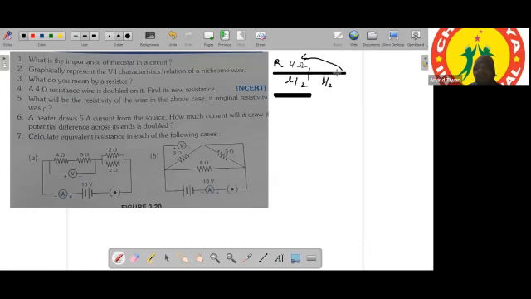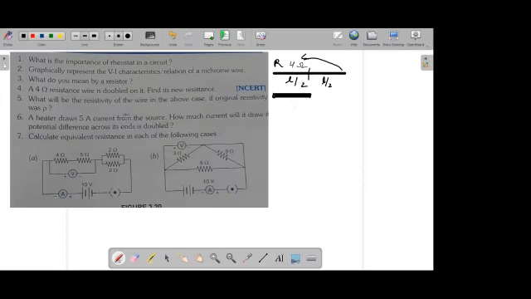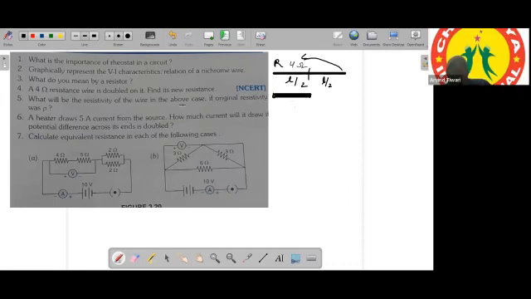Half of the portion is folded above it. So now the total length of the wire is L by 2, and its area of cross section has increased to 2 times. Okay, sir.